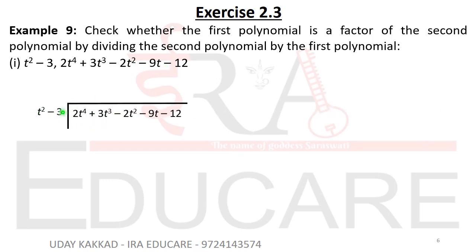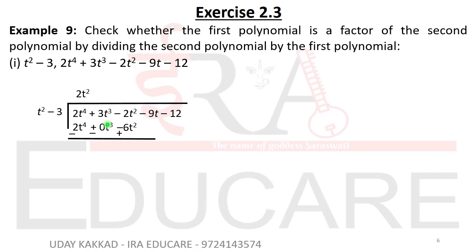It is a simple division method which you saw previously. So 2t raised to 4, you divide it by t square, so you get 2t square. 2t square multiplied by t square gives 2t raised to 4. 3 is also there, so minus 3 times 2, 3 2s are 6, and minus sign is there, and t square as it is. Here you can put a 0 also for reference.